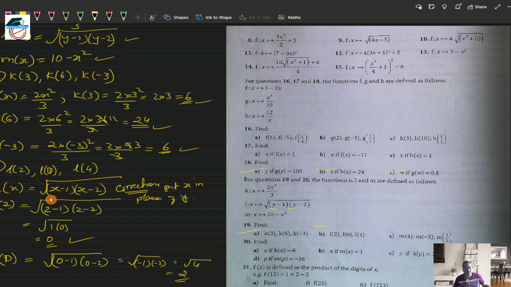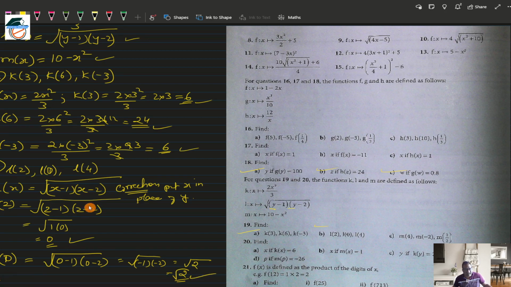Okay, it's square root of (x minus 1)(x minus 2). So 0 minus 1 and 0 minus 2. So minus 1 into minus 2 will be 2, not 4. So this will be 2, and the answer will be root 2. Okay, and that's also correct.